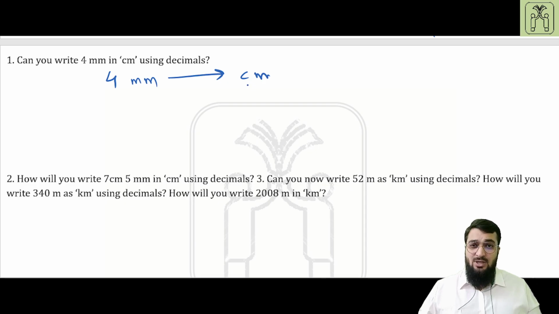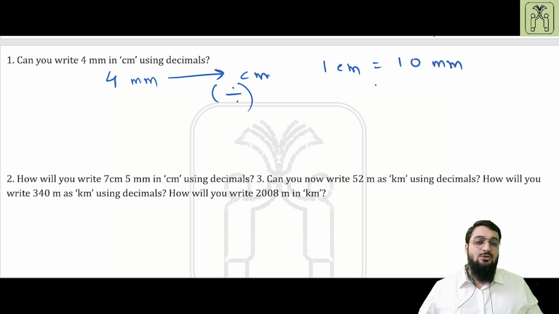The unit in which it will be converted into is greater than the original unit. Therefore, we will divide. We will divide with which thing? With the conversion factor. What is the conversion factor? 1 centimeter is equal to 10 millimeter. So 10 is the conversion factor.